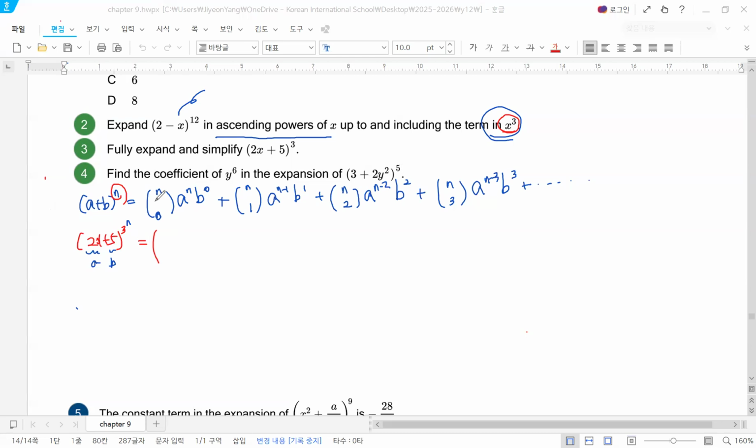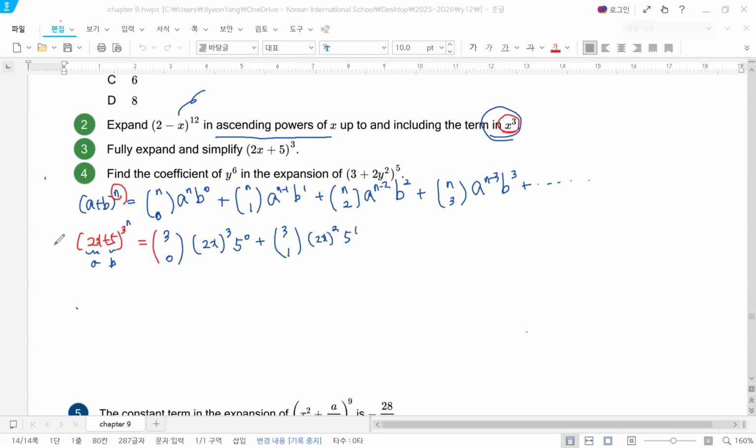Instead of n, write down 3 and 0. Instead of a, write down 2x to the power of n, which is 3 here, and then 5 to the power of 0, plus 3 and 1, 2x to the power of 2 and 5 to the power of 1.